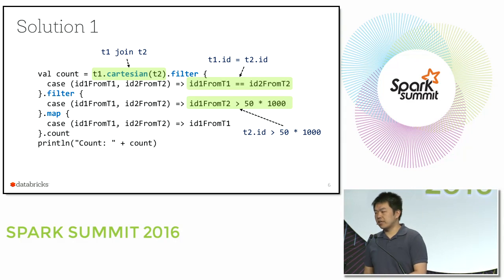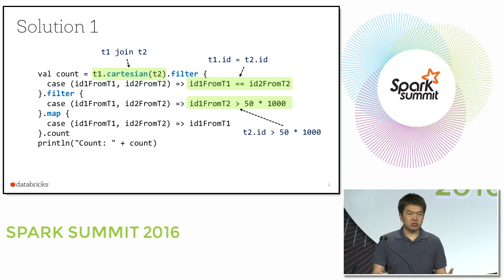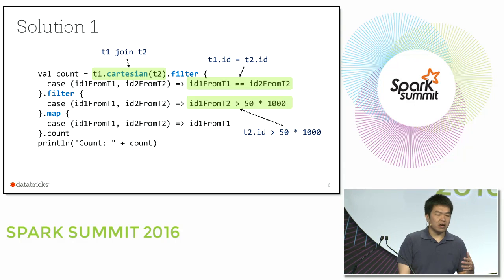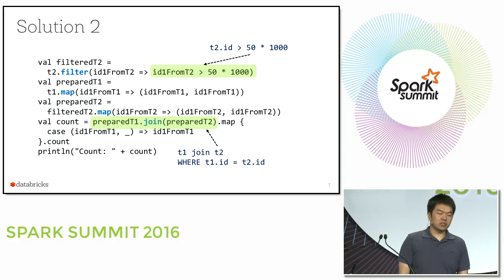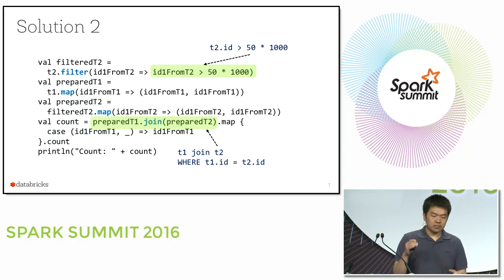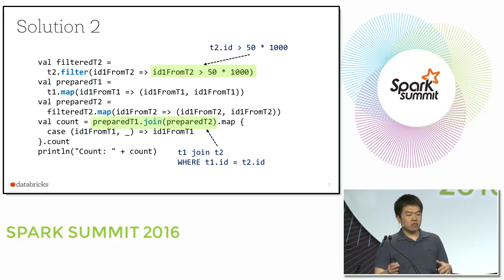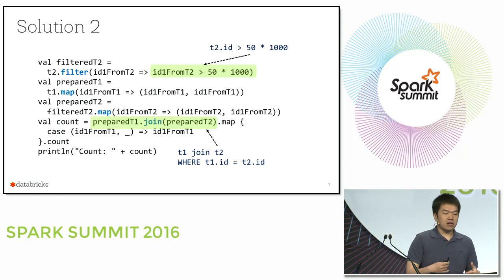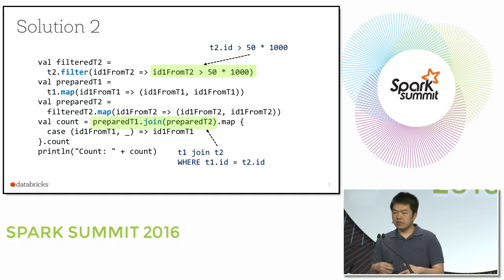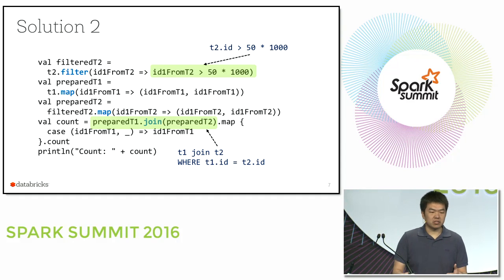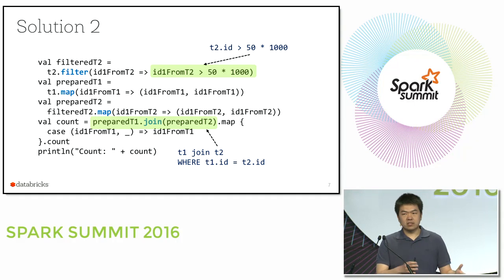So we generate tons of rows that will be filtered out by the filters. For the second solution, we apply the filter on T2 first, and also when we evaluate the join, we apply another predicate. So in this version, we're eliminating lots of unnecessary rows. This difference generates a totally different result.